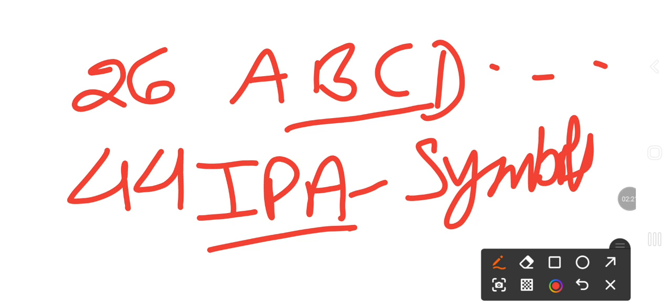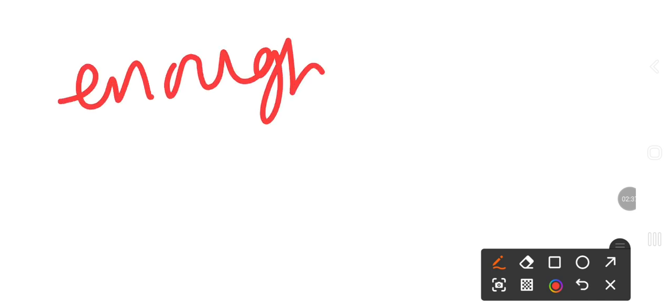And why is it required? Why are 44 symbols required? Because there is a lot of confusion in the English language. For example, enough, physics and found.